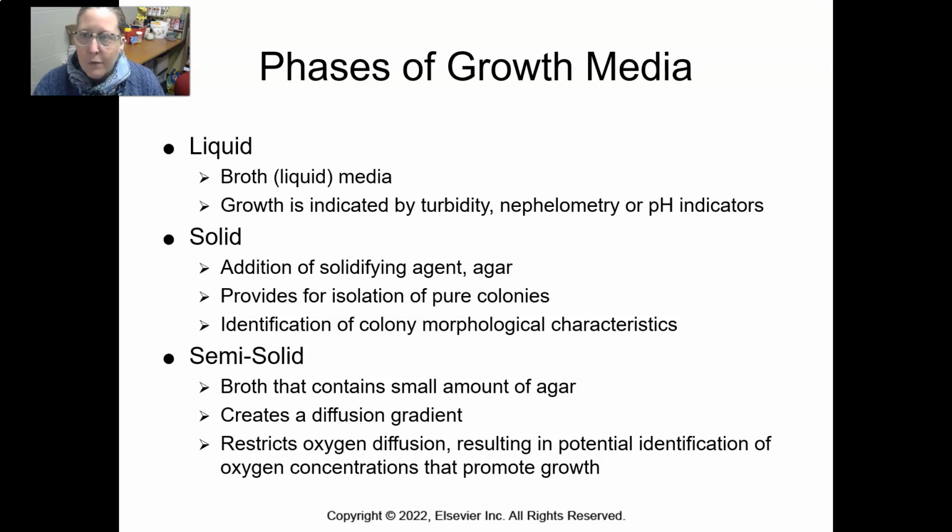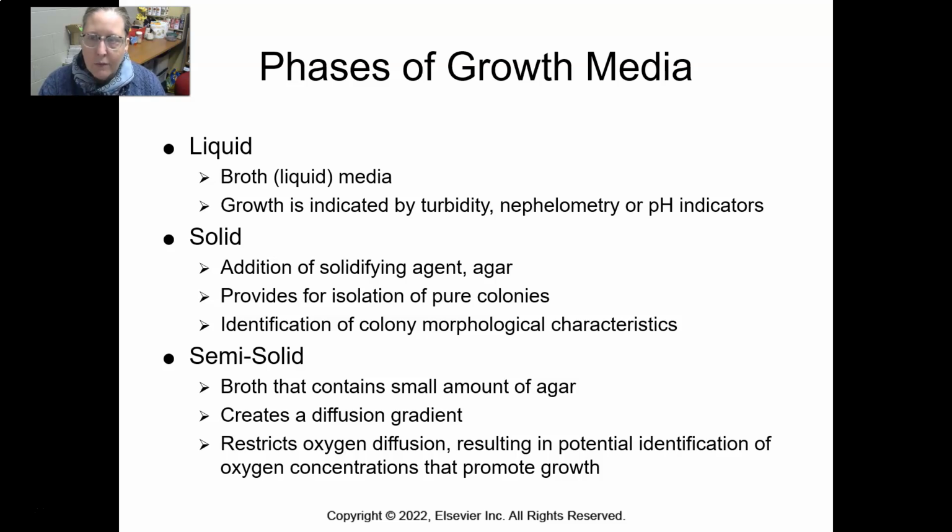There are several forms that media can take: liquid, solid, and semi-solid. The liquid is exactly that; it's liquid, so you can mix it, and it's a broth media. When the media is uninoculated, it would be clear.